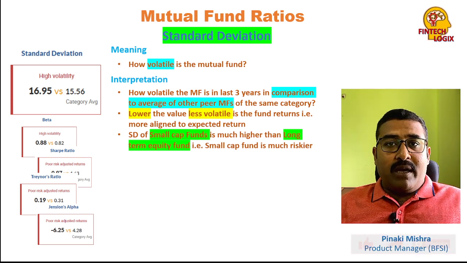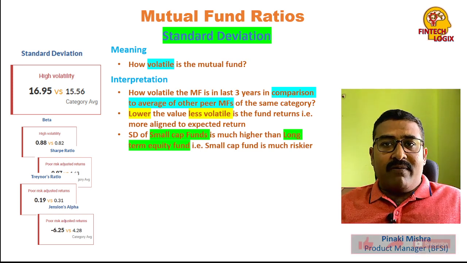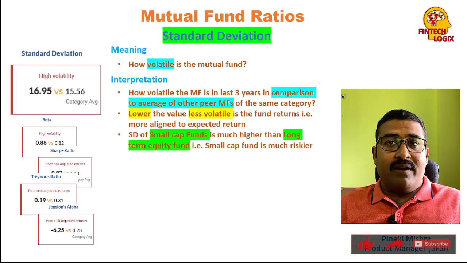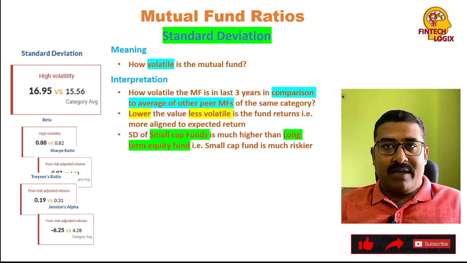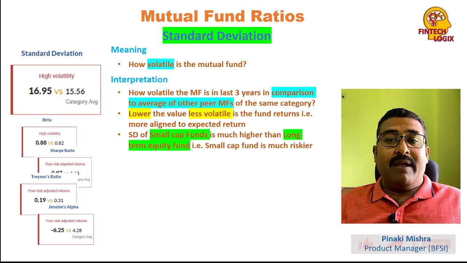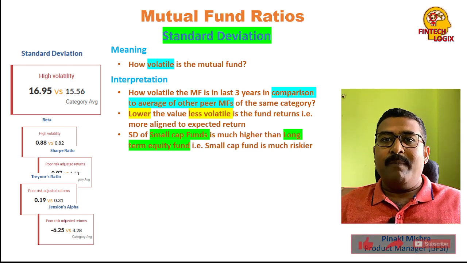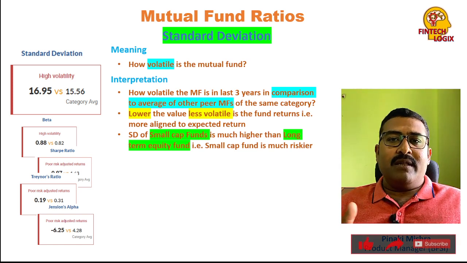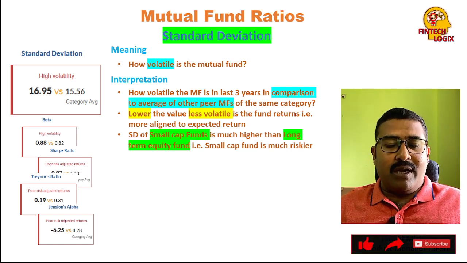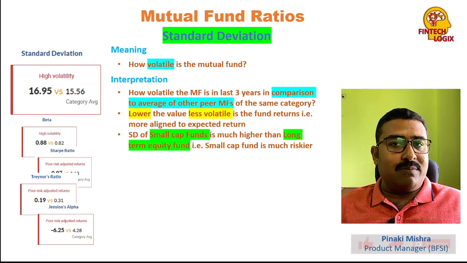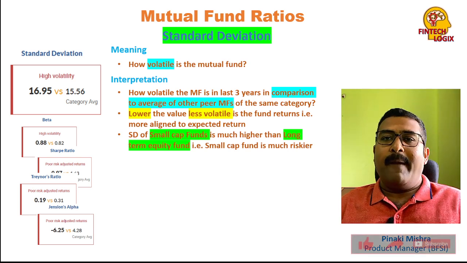So how do we understand this? The lower the value, the less volatile the fund is in terms of returns. That means if there is an expected return associated with this mutual fund, it tells how closely the actual return will adhere to the expected return. That is what we are talking about.